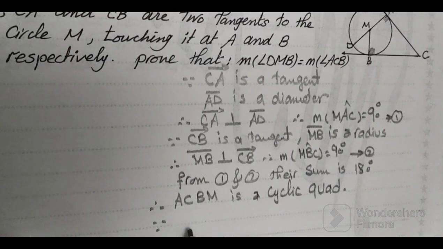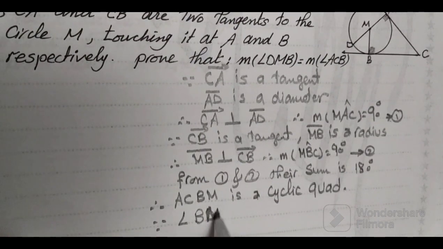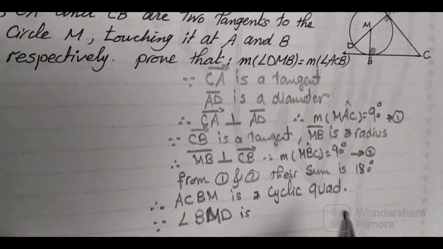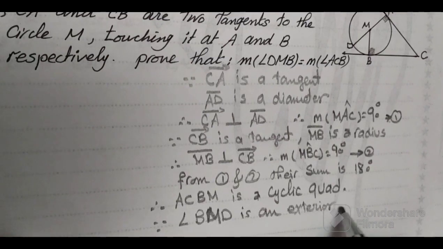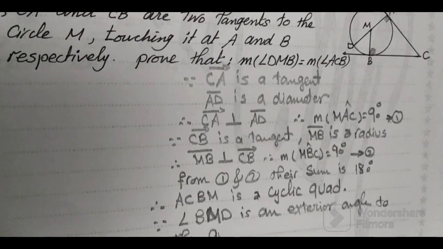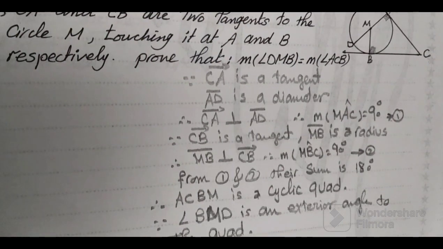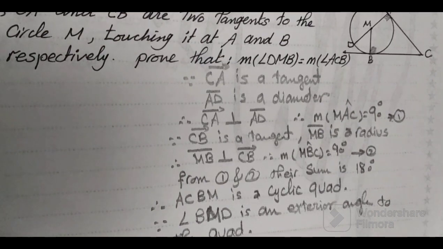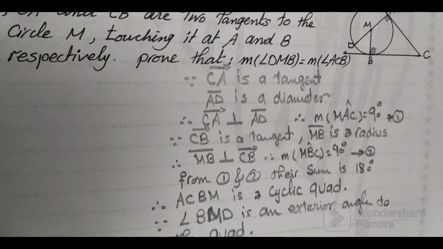Since angle BMD is an exterior angle to the quadrilateral, therefore the measure of angle BMD equals the measure of angle ACB.